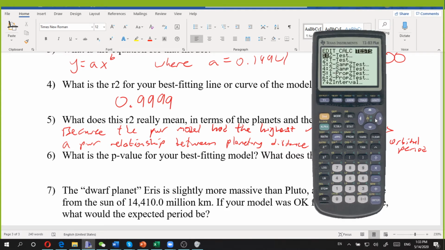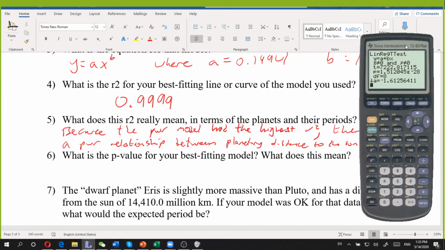Kyle, if I get our linear regression t-test back up. Okay. Kyle, what was our p-value? No, the p-value is not the standard deviation.